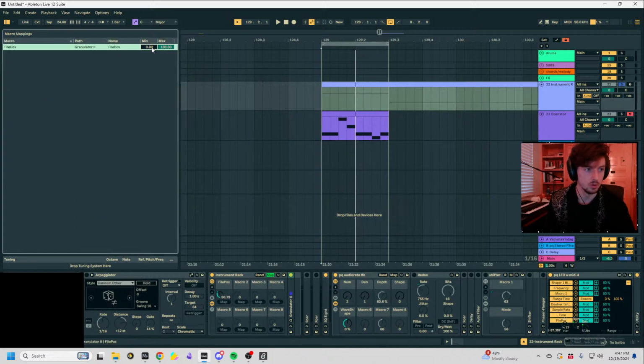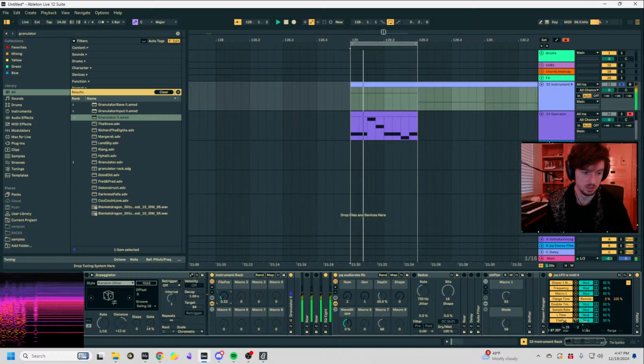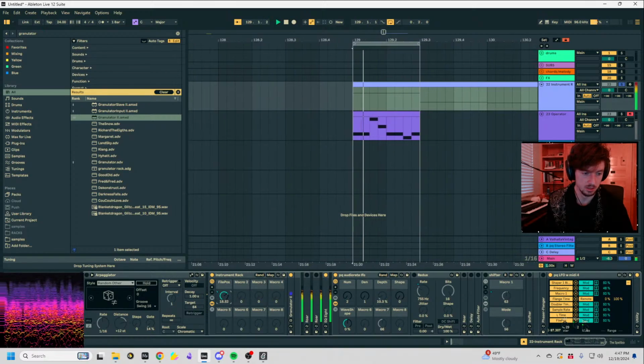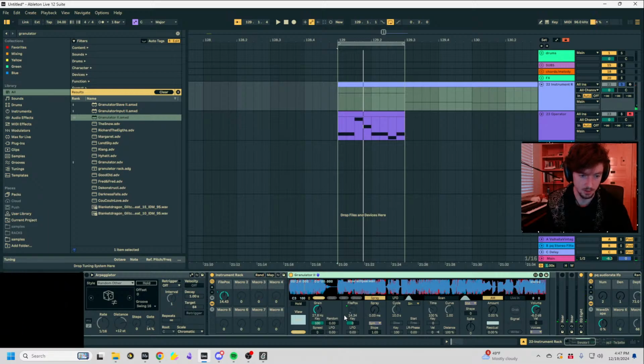Now we can set this to, I don't know, a really small number. Because I want to be able to scan it a long way.